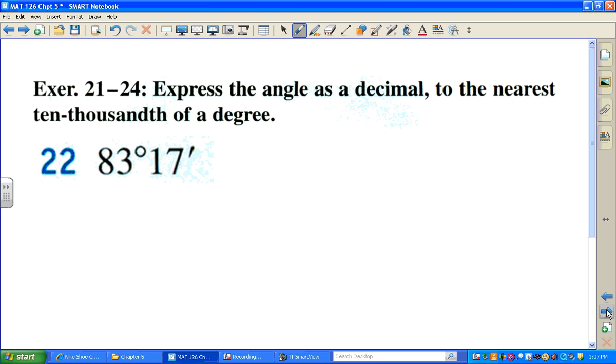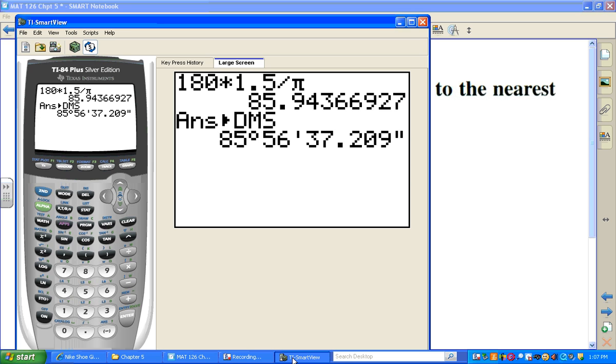How do you express this as a decimal? Well, you can do it the old school way, 83 plus 17 over 60, or you can do it the other way.